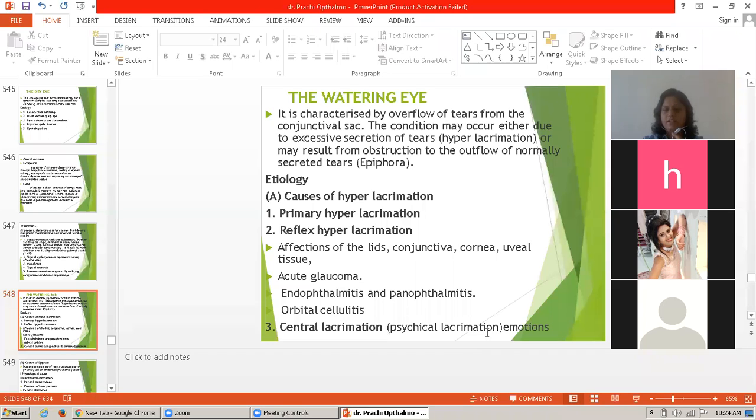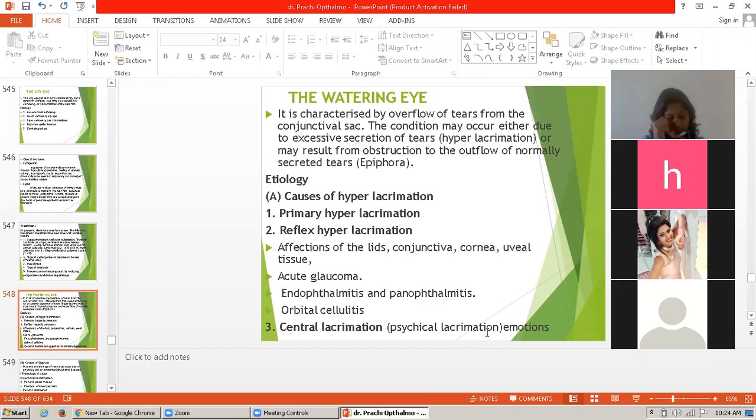When emotions are increased in the patient, there is central lacrimation seen in those cases, psychic stimulation as in weeping or laughing. Second is the irritation of the cornea or conjunctiva by dust, fume, chemical, foreign body, inflammation, etc. And in yawning, coughing, sneezing or vomiting, with exposure to bright light.